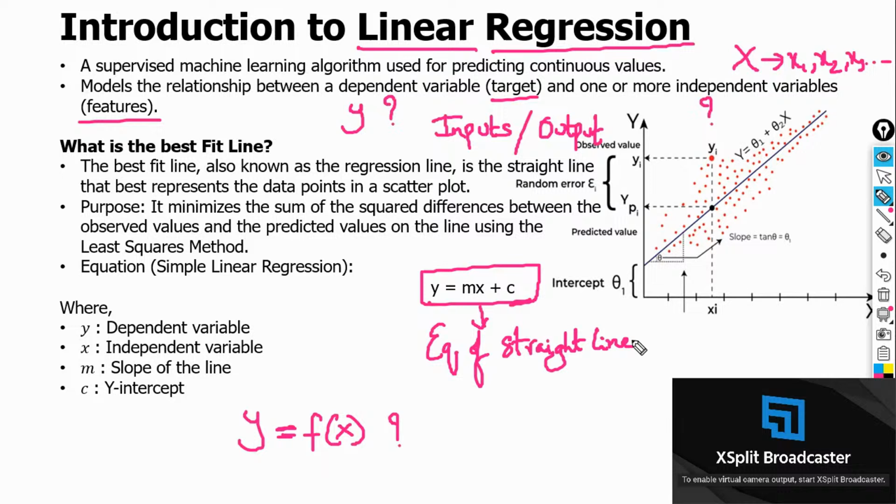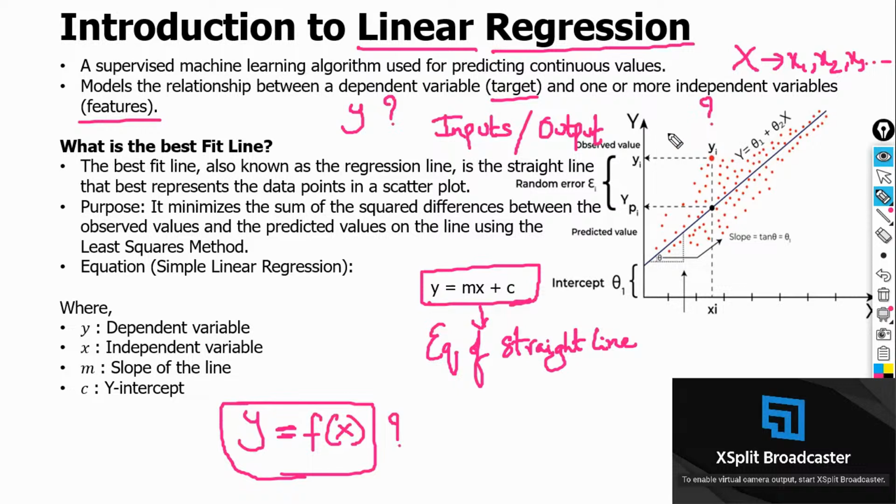Yes, it is the equation of a straight line. m represents slope and c represents y-intercept. So the equation that we are going to build will also be a linear straight line.